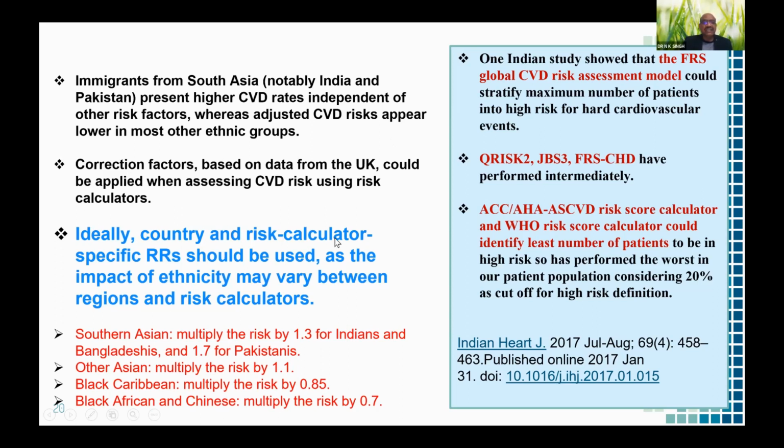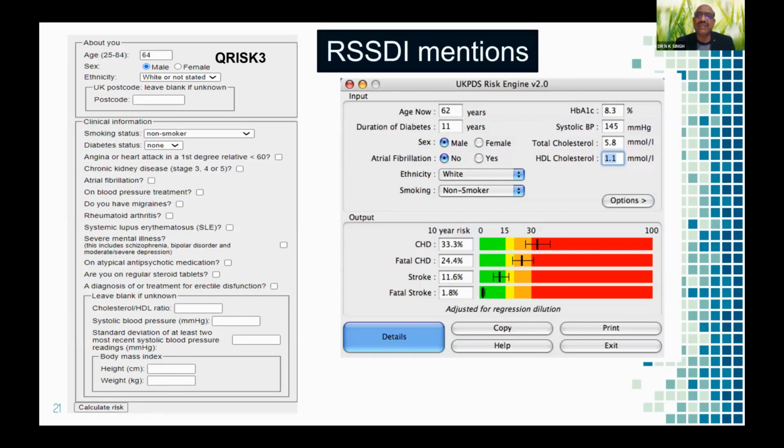Ideally, a country-specific risk calculator should be used. But if you are using some risk calculator online, like the European one or others, for South Asians, multiply the risk by 1.3 for Indians, and for other Asians multiply the risk by 1.1, and so on for black patients. But what RSSDI mentions is more important, I will say, and this is very easy.